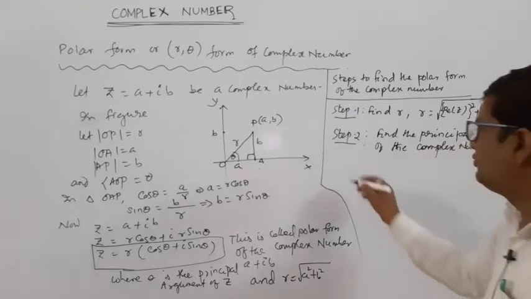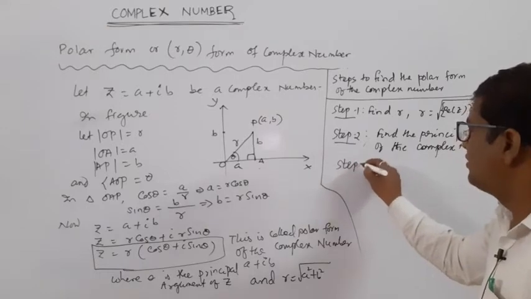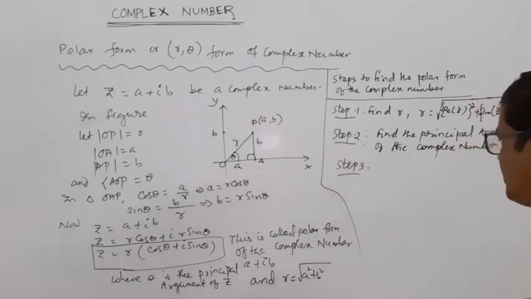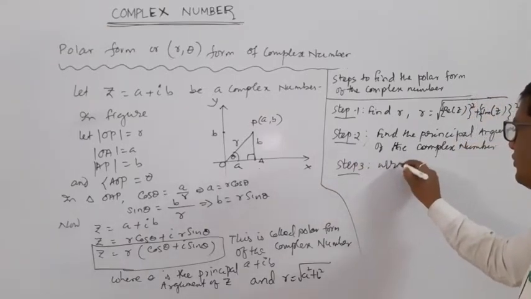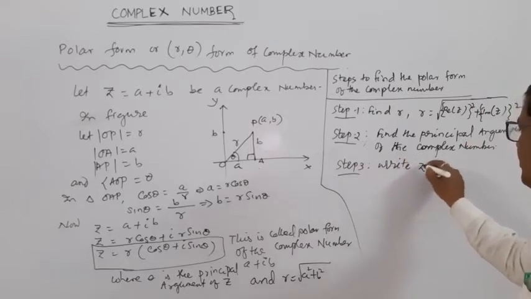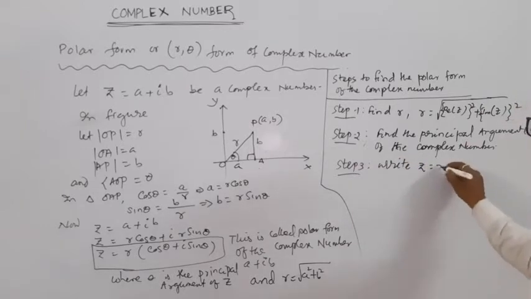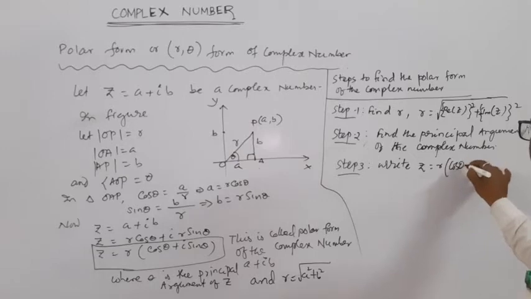Step 3, write z is equal to r into cos theta plus I into sin theta.